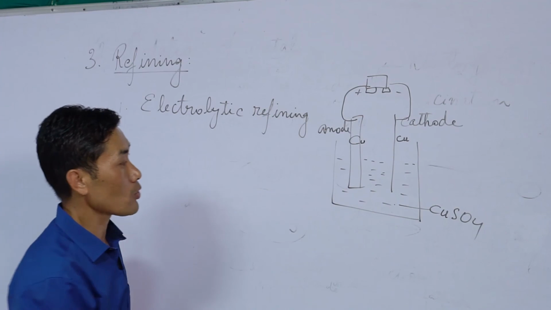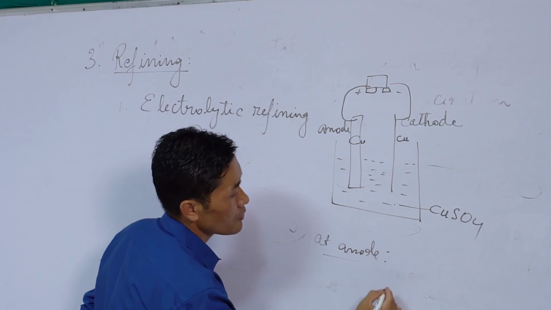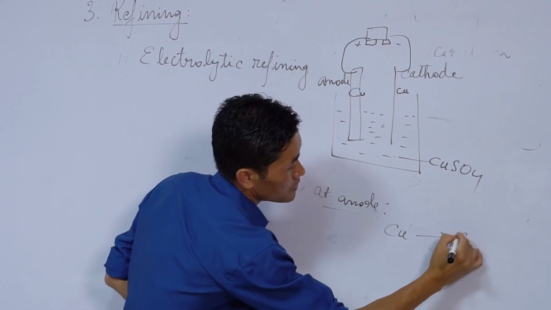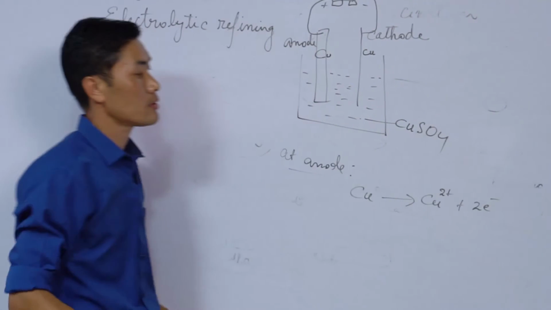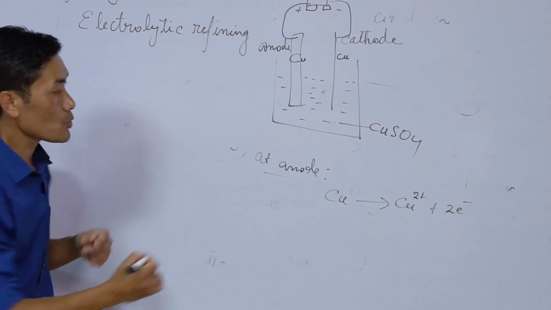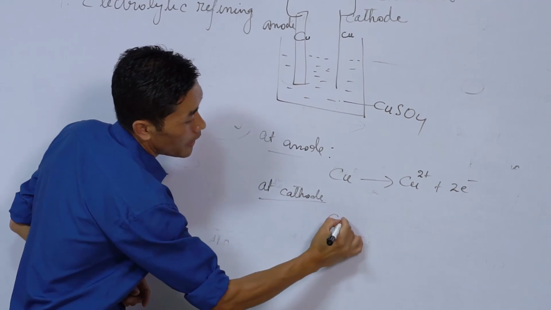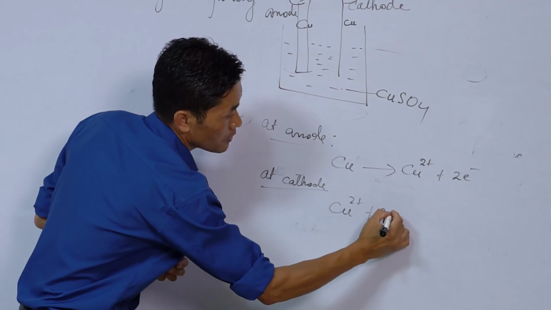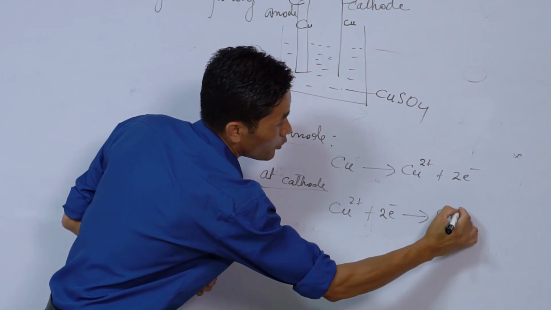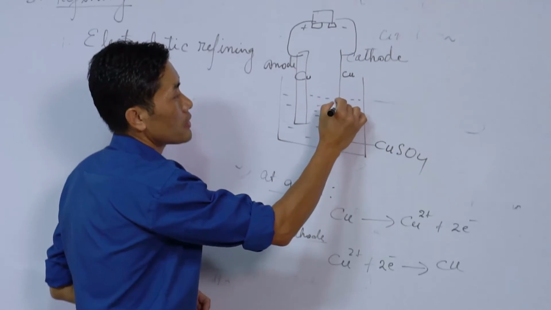Oxidation takes place at the anode. So at the anode, copper gets oxidized. That means it loses electrons. Whereas at the cathode, copper ions from the solution gain electrons, they get reduced, and copper metal will be formed. And this gets deposited at the cathode.